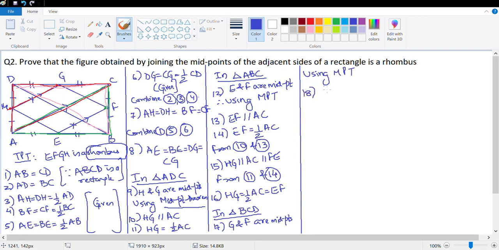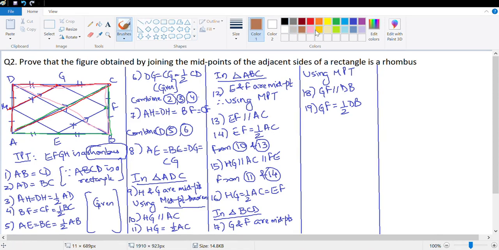Number 18 would be GF is parallel to DB, and number 19 would be GF is equal to half DB. Perfect. So I've got one more pair of the rhombus that I need to prove: it is parallel to diagonal DB and is half of DB.